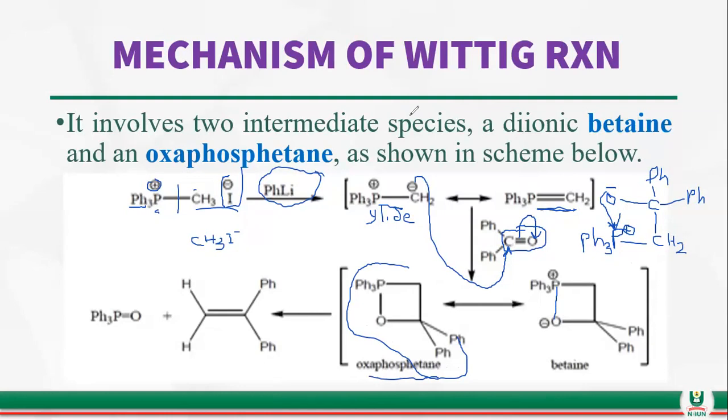Now, it is in this 4-membered ring that an internal rearrangement occurs. You see, oxygen and phosphorus now have a stronger affiliation for each other, because we want to hold the bond between those two intact much more than between oxygen and the other carbon.